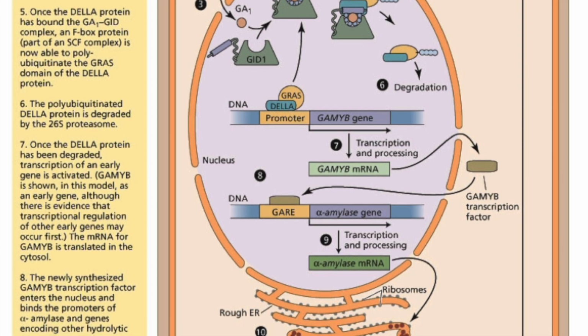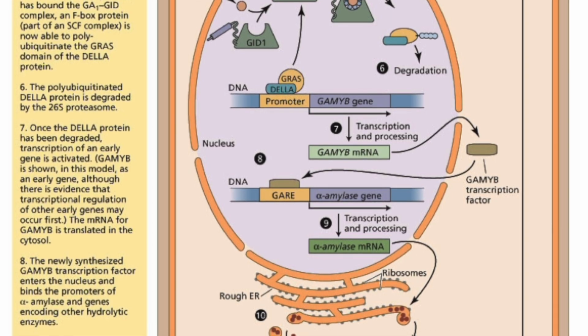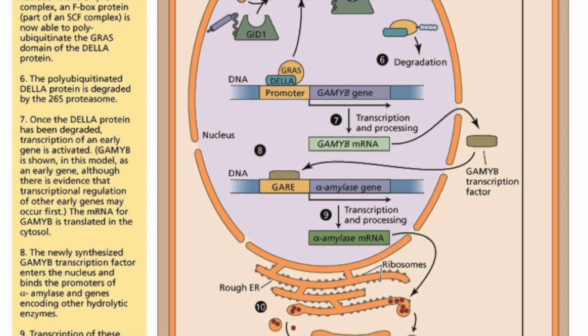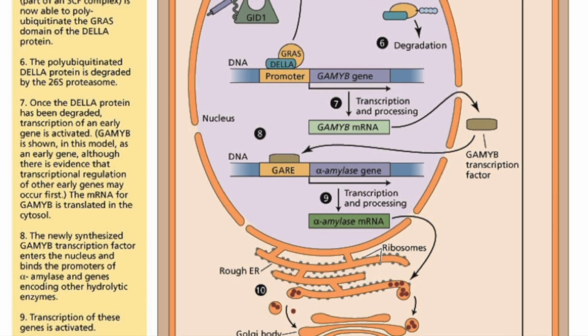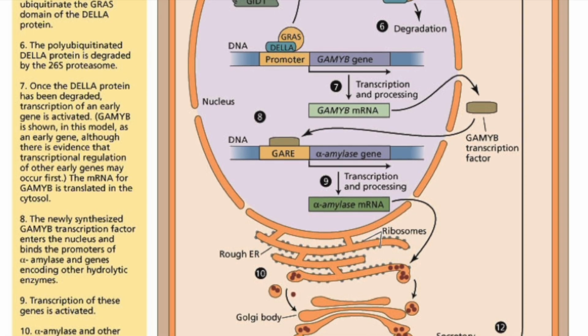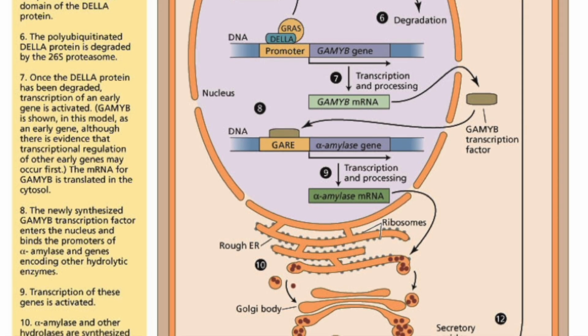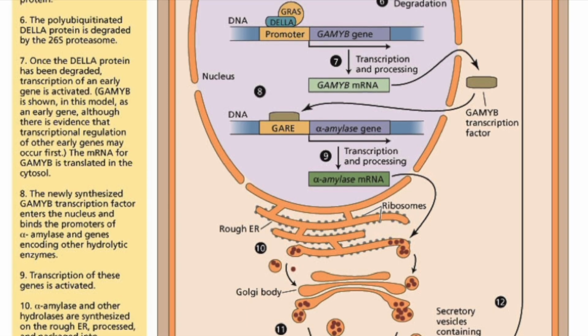The polyubiquitinated DELLA protein is degraded by the 26S proteasome. 7. Once the DELLA protein has been degraded, transcription of the GA-MIB gene is activated. The mRNA leaves the nucleus and is translated into a protein in the cytoplasm.